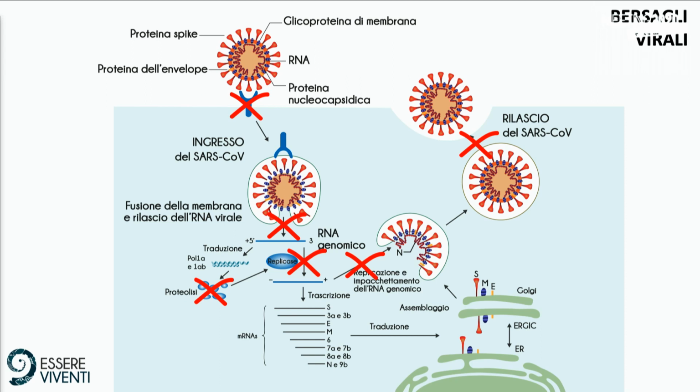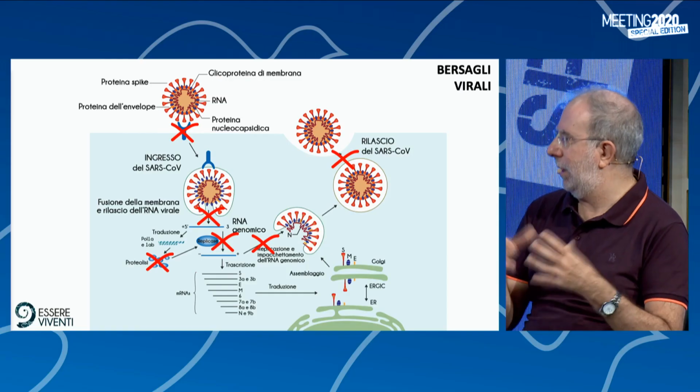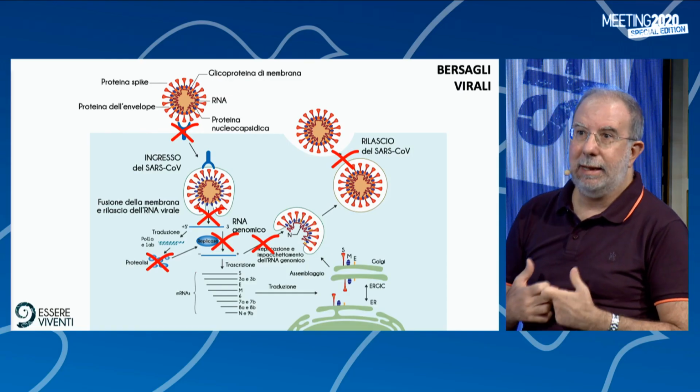So, for example, if there is a drug blocking the entry of the virus, then the subsequent steps will be blocked. If it blocks the viral protease, then the virus cannot mature. So there's many different ways in which drugs can block the virus, and there are many therapeutic targets.